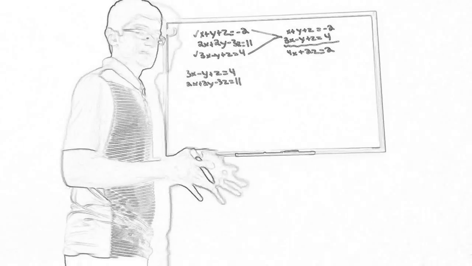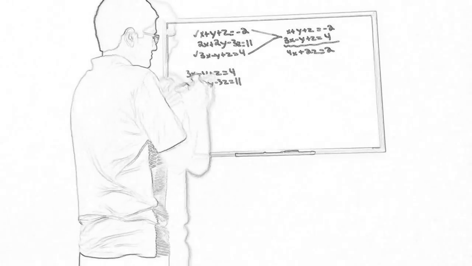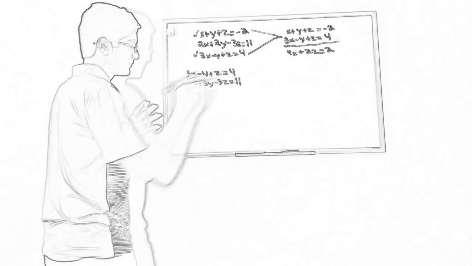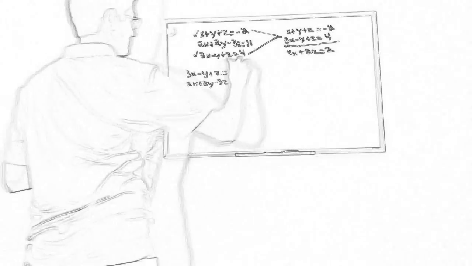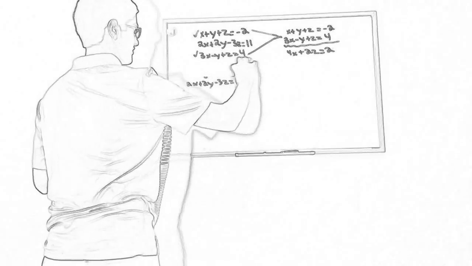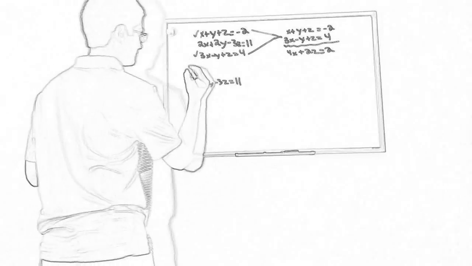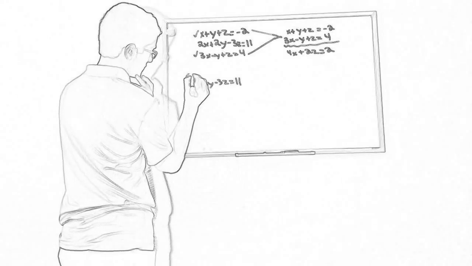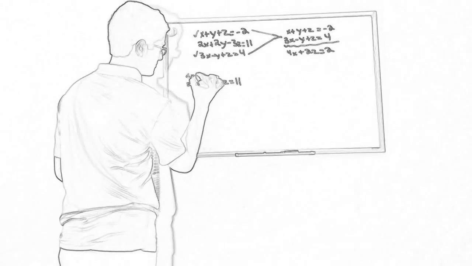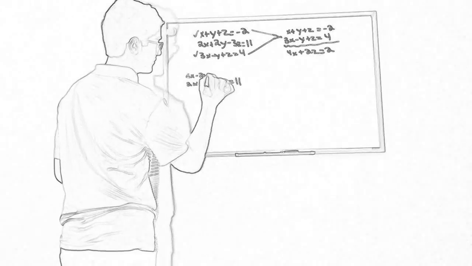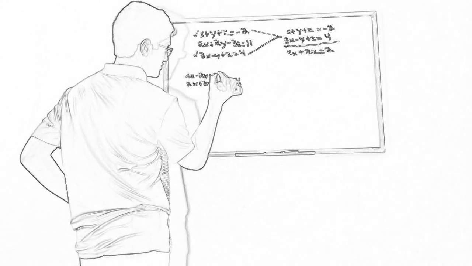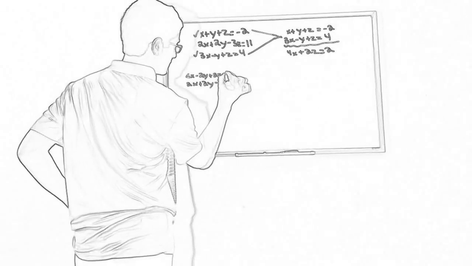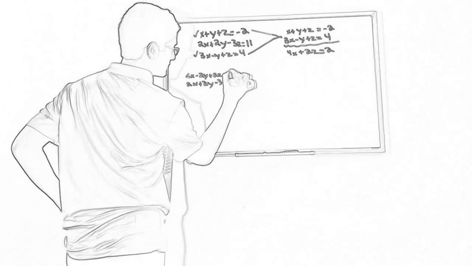Since I don't really like to deal with fractions, let's just multiply this equation by 2, and you'll get 6x minus 2y plus 2z equals 8.